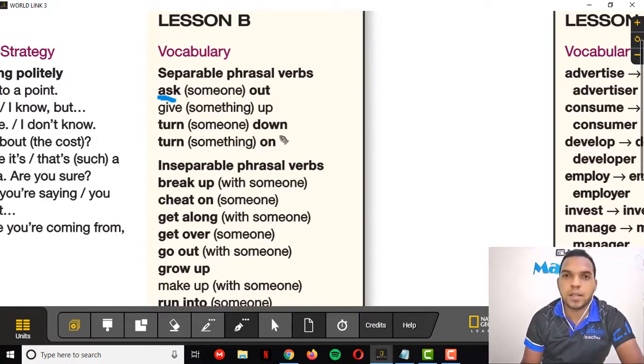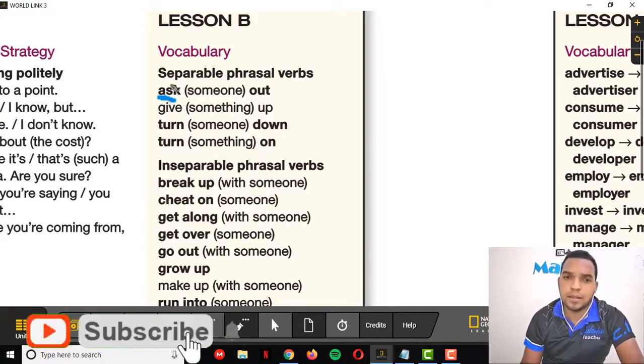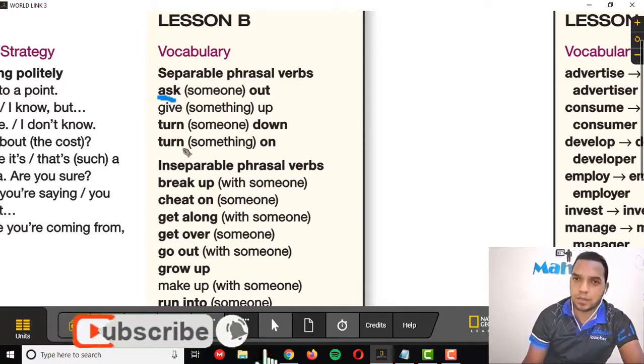All of these parts are together in the separables and in the inseparable phrasal verbs. When you join the two different words, they have a different meaning that is not the same as what the verb exactly tells you.